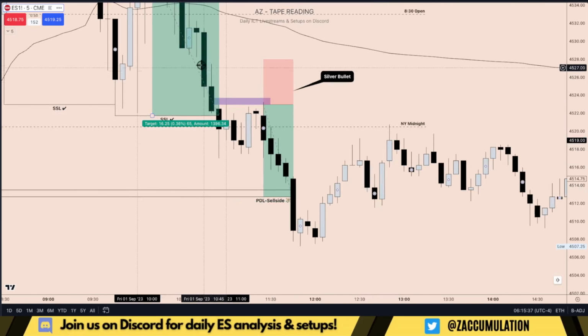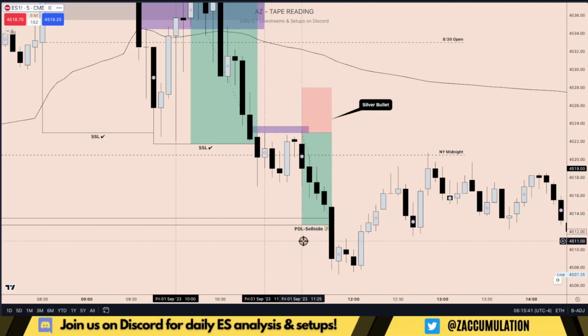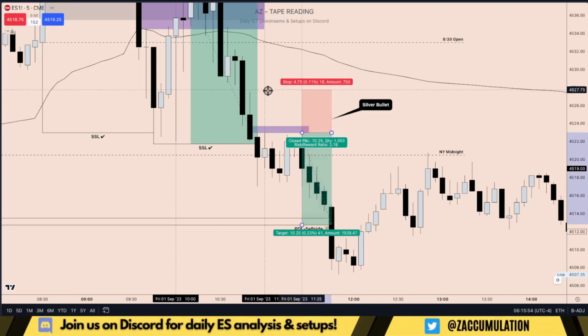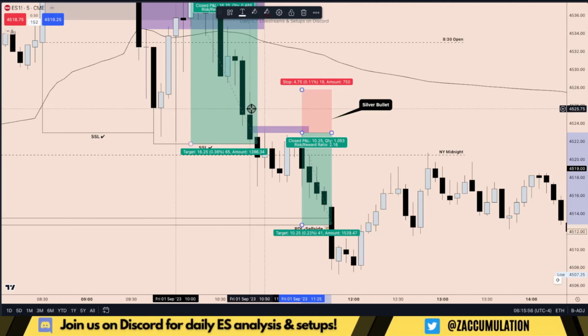That's the discount. So we have our target, we have our higher time frame, high probability draw on liquidity. We identify a discount that we can enter on this time frame. We mark it out, we place our limit order, we set our stop loss 1 tick above the high of that candle that created the fair value gap.